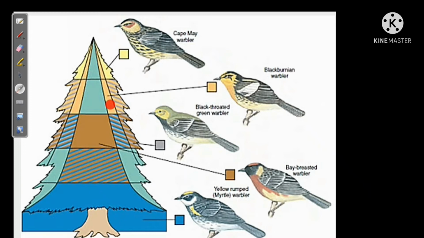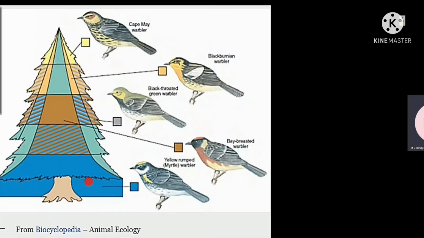The second one feeds from the inner periphery, inner to the periphery. And then this warbler feeds from the middle zone. This warbler feeds from the bottom part of the tree. And they might be feeding at different times also. So because of this reason, they are able to coexist without any competition and they partition the resources.